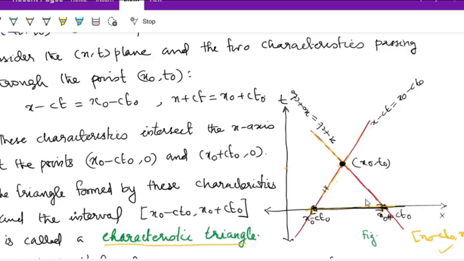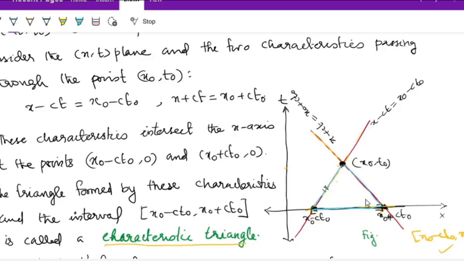One more thing we can notice is that there is a triangle formed here, whose three vertices are the point (x0, t0) and the two points where the characteristics meet the x-axis, and whose base is the closed interval x0 minus ct0 to x0 plus ct0.